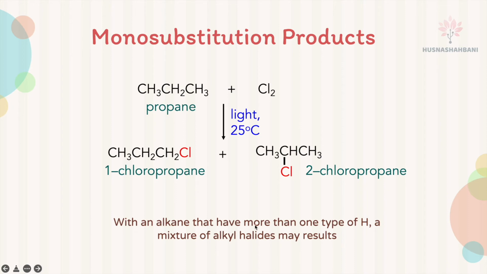With an alkane that has more than one type of hydrogen, a mixture of alkyl halides may result. Propane has two types of hydrogen: these are primary hydrogens, and these are the secondary hydrogens. That's why the products are a mixture of alkyl halides.